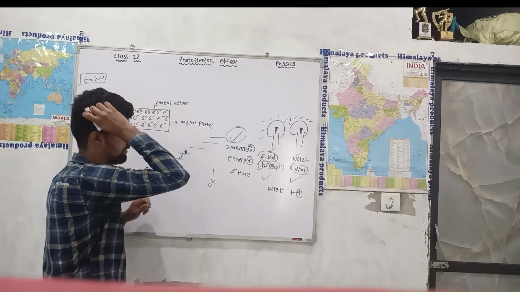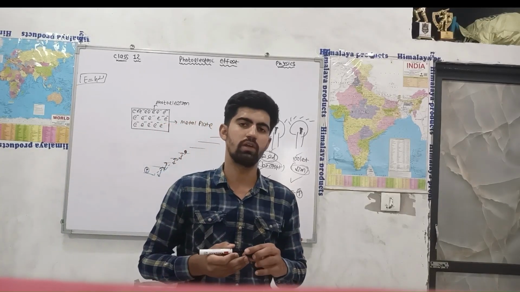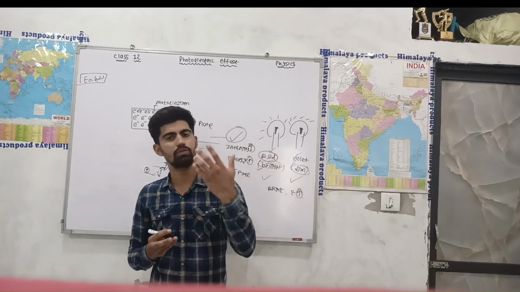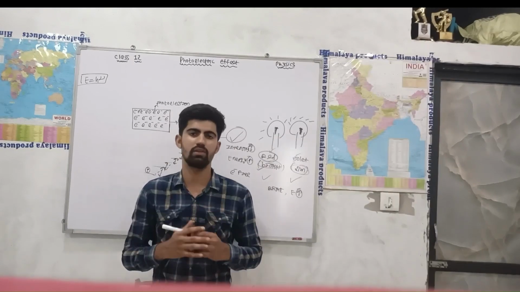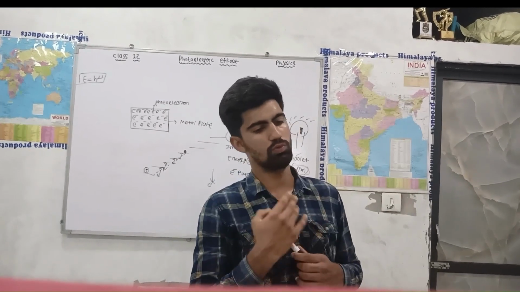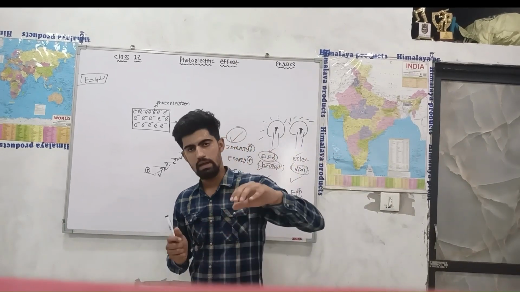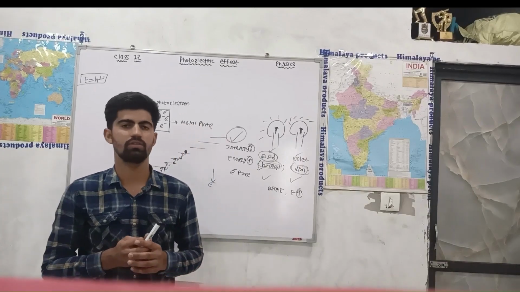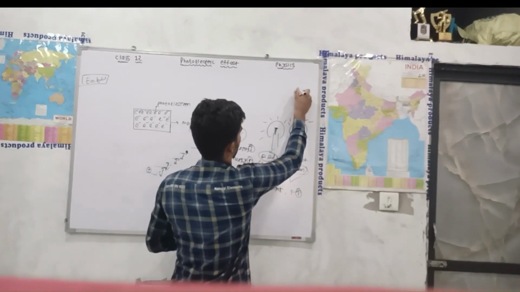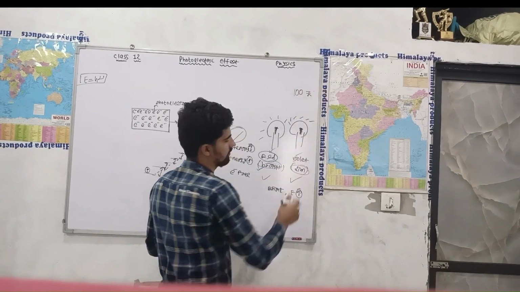Take another example of a zoo. Suppose that you are going to visit the zoo and the entry is free. You visit, you see all the animals and you enjoy a lot. When you are coming out, the condition is that you have to pay 100 rupees for exit.